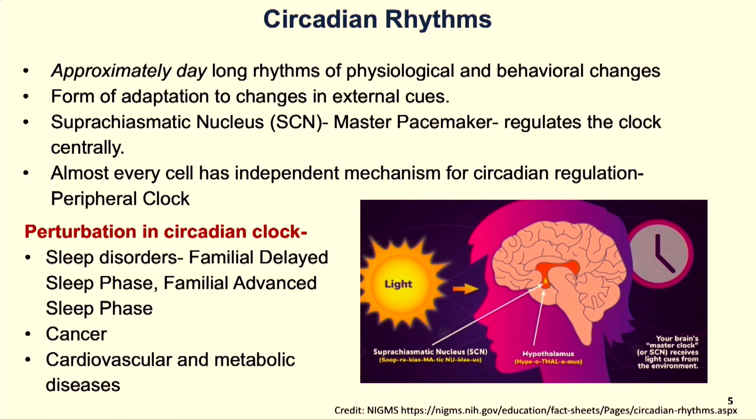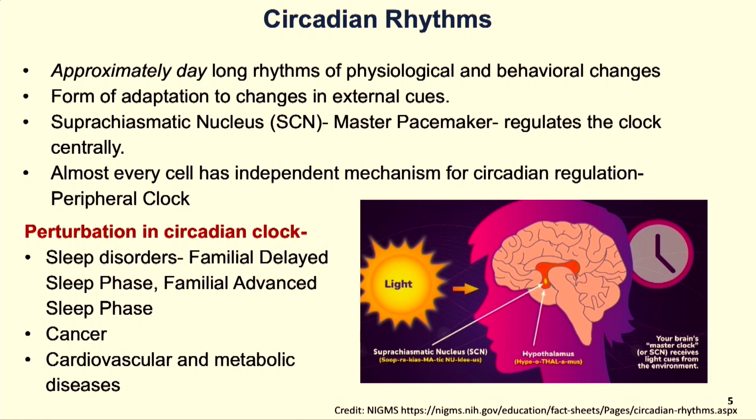Now coming to the topic, which is circadian rhythms. Just to get an idea amongst the students, have you heard of circadian rhythms before? I see some of the heads nodding. That's good. These are essentially day-long rhythms of physiological and behavioral changes which happen in almost all organisms.